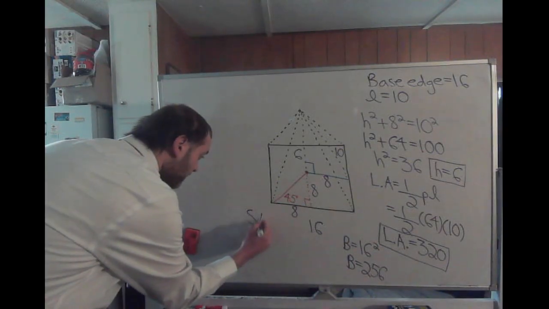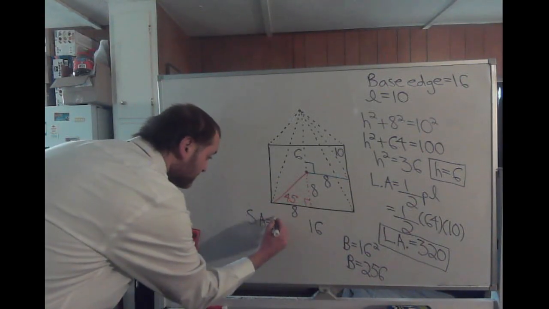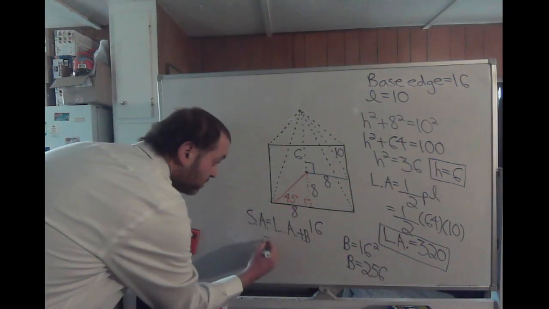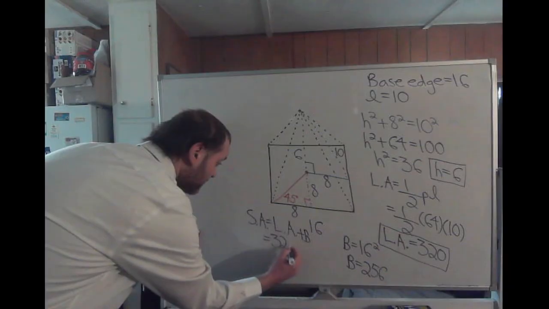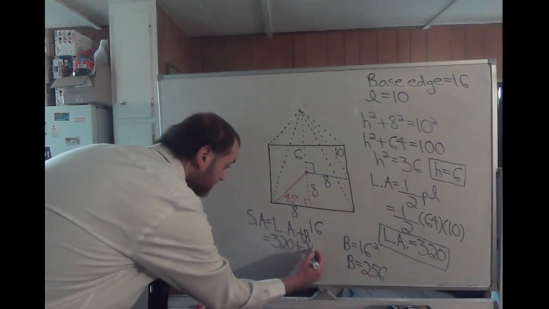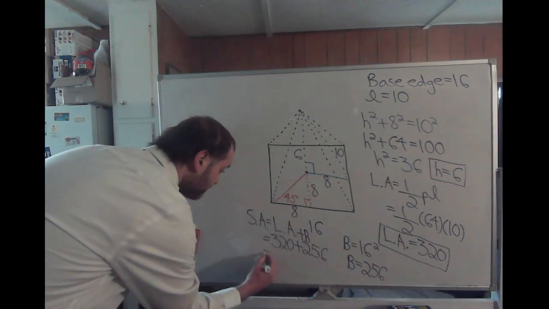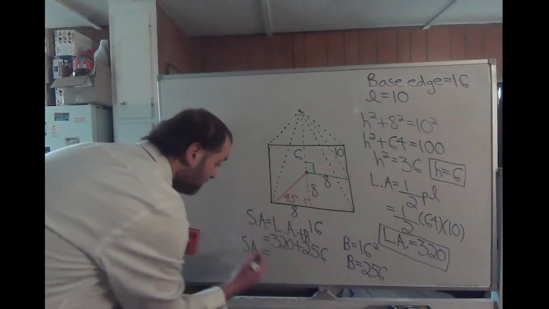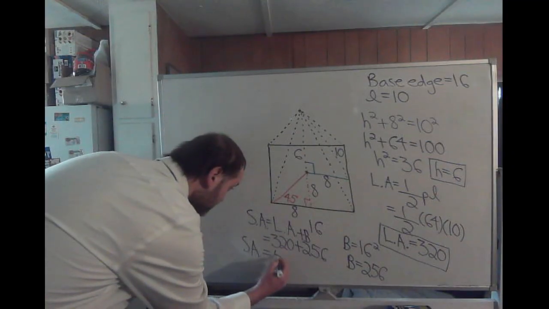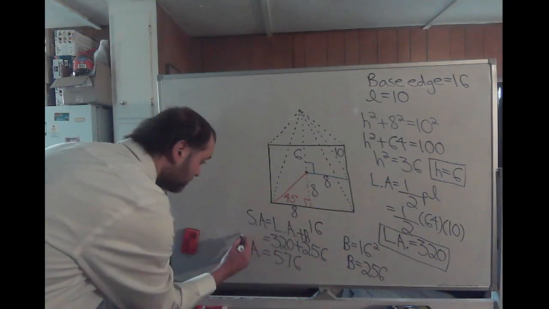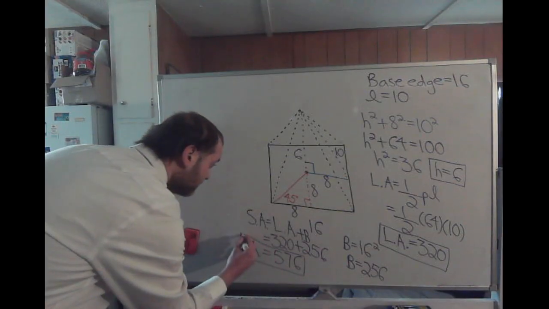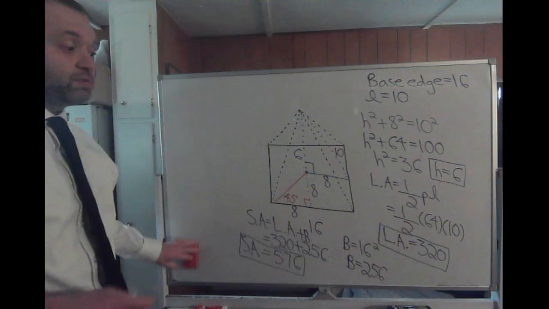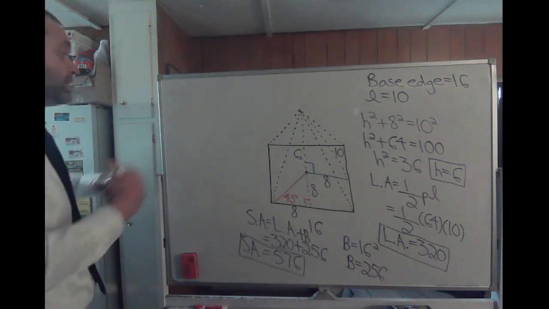So the surface area equals the lateral area plus the area of the base, which would give me a lateral area of 320 square units plus 256 square units for the area of the base, for a total surface area of, let's add these up, 576. So you would get a total surface area for this pyramid of 576 square units.